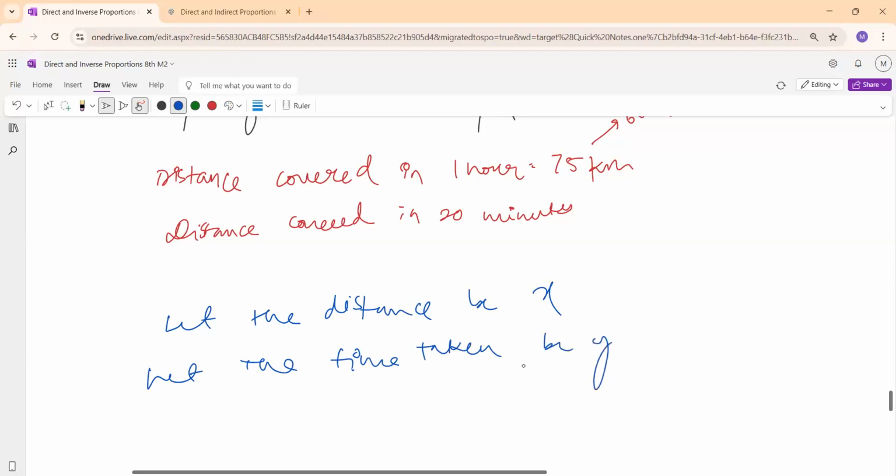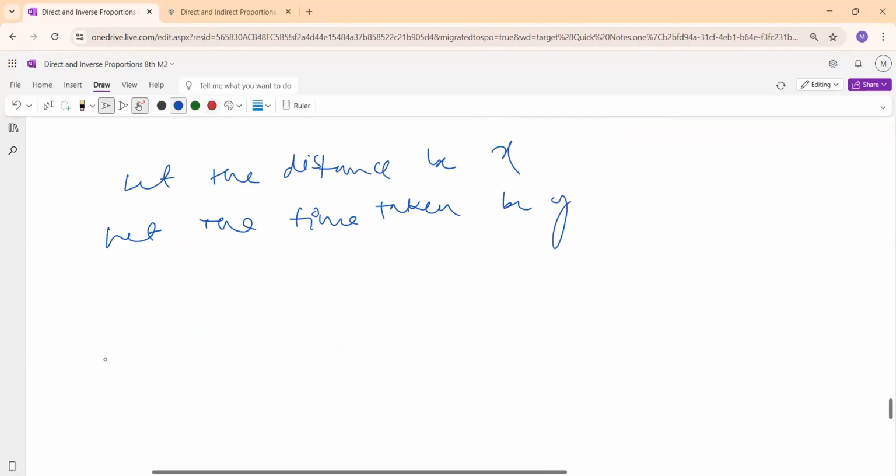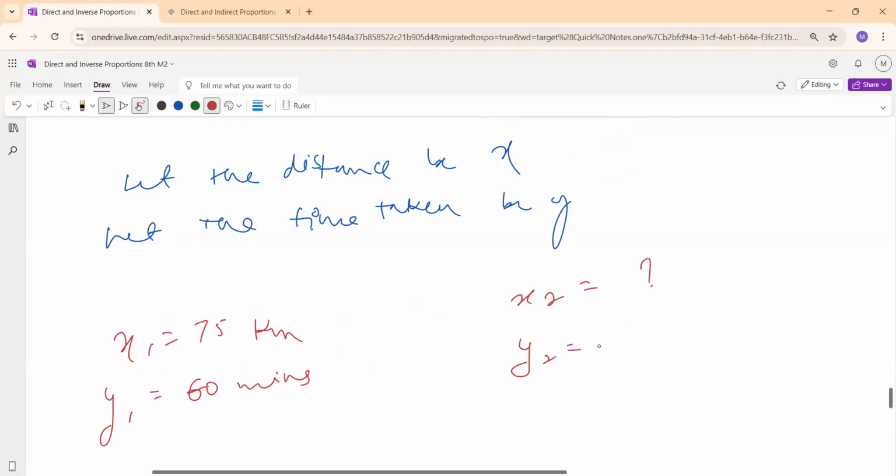I'm taking the distance to be x and time to be y. So first distance is 75 kilometers, so x1 is 75 kilometers. Time taken to complete that distance is 1 hour, that is 60 minutes. Now x2, distance covered in what time we have to find out, and time is given, that is 20 minutes.